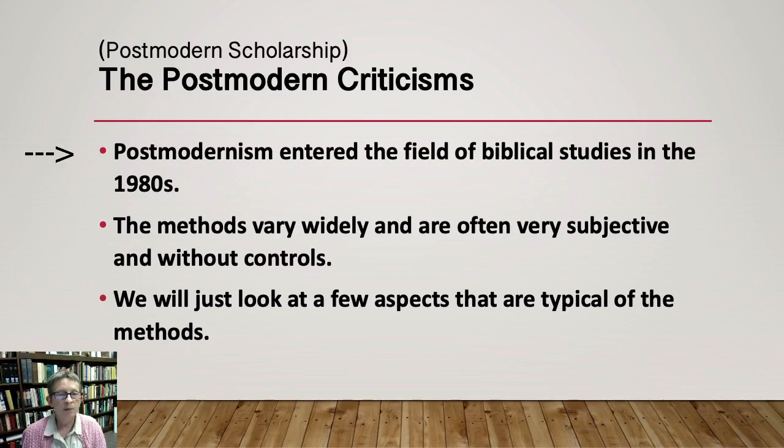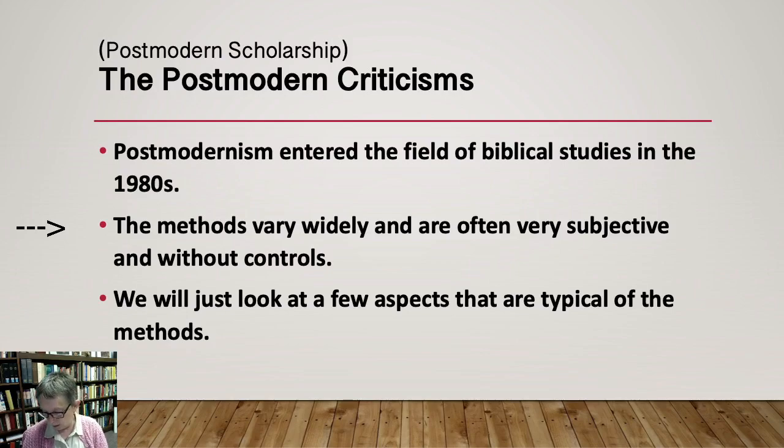The problem with the postmodern criticisms: postmodernism in many ways is wonderful, and if you were an evangelist, you're probably happy that we have entered a postmodern age where people once again do believe in the supernatural and accept that there are religious and supernatural things that happen in the world, that miracles are possible, and those sorts of things. But at the same time, the other tendency of the postmodern is to be very subjective and without controls in the study of literature.